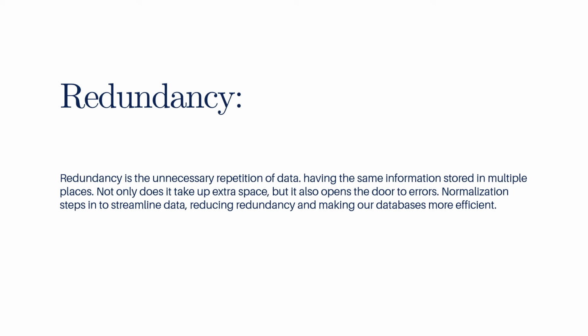Let's suppose you have multiple occurrences of the same data, say at three places. Along with that, if you update the data in one place and forget to update the other two places, it will lead to an update anomaly, an update error.